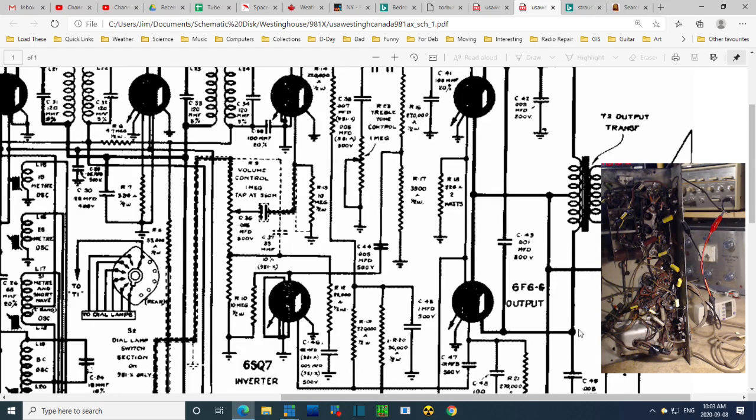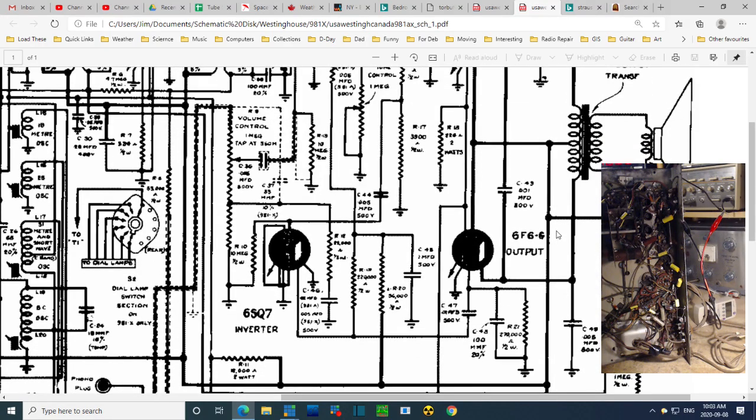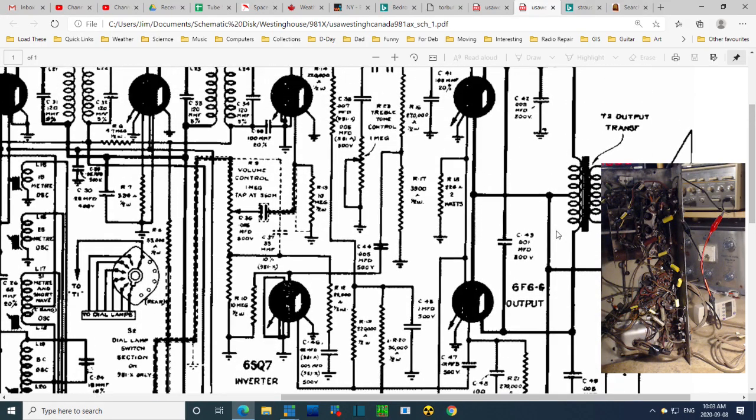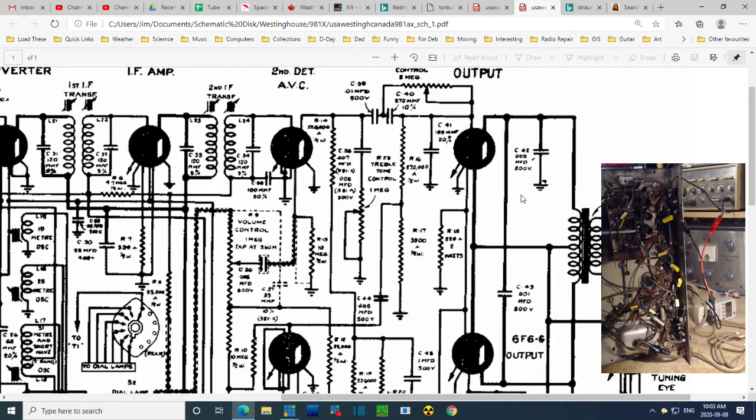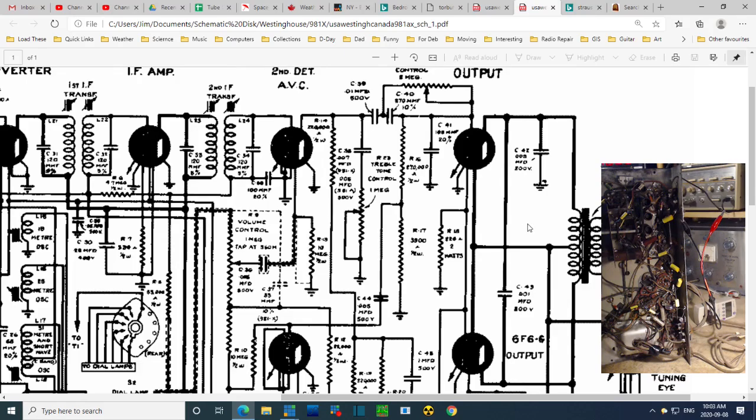We haven't even looked at the Magic Eye yet to see if it's even on. Well, isn't this another stupid situation to be in? So generally speaking, you do not want the screen voltage to be higher than the plate.